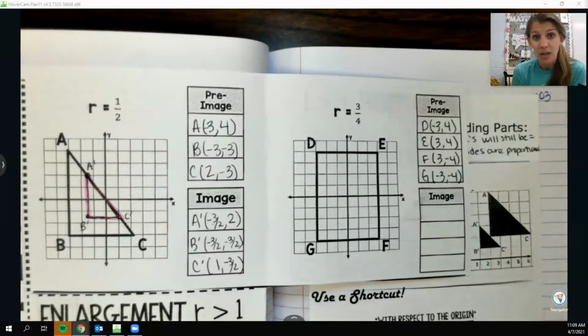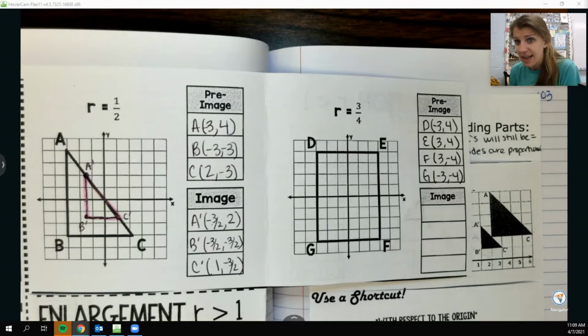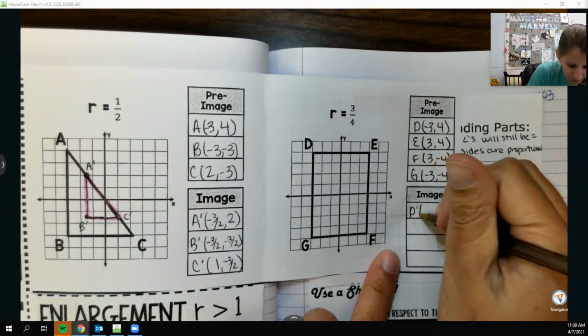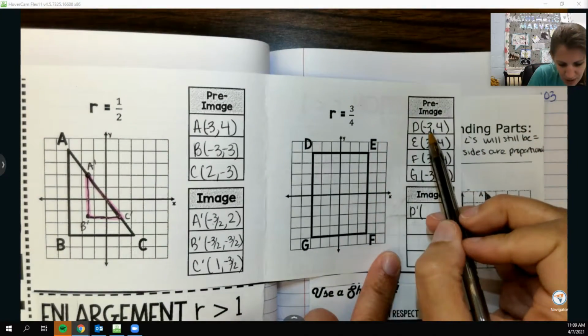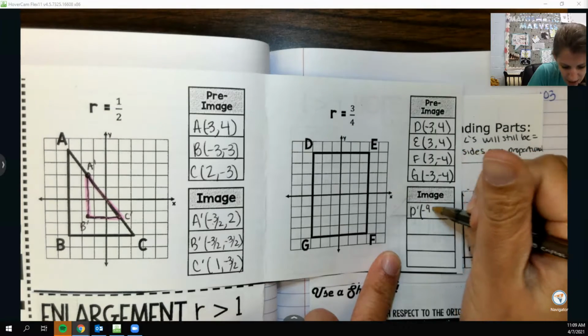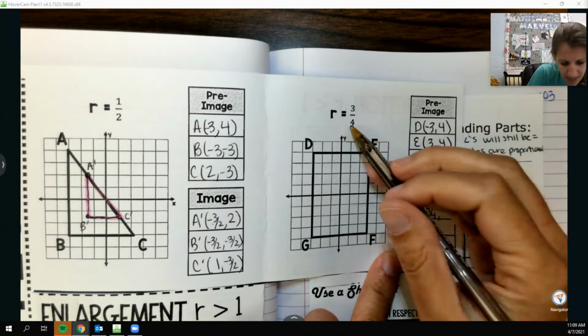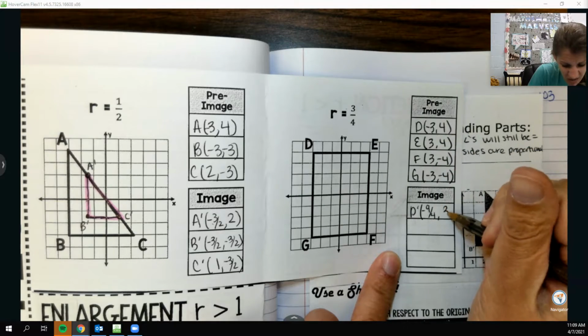I am getting smaller. 3/4 is less than 1. So personally, I like to divide by the bottom number if I can, and then if not, I just multiply the top numbers. So for D prime, I can't divide by 4 here, so I'm just going to get negative 9 over 4 because I multiply the top numbers. But the second one, the 4s will divide out, and so it's just 3.